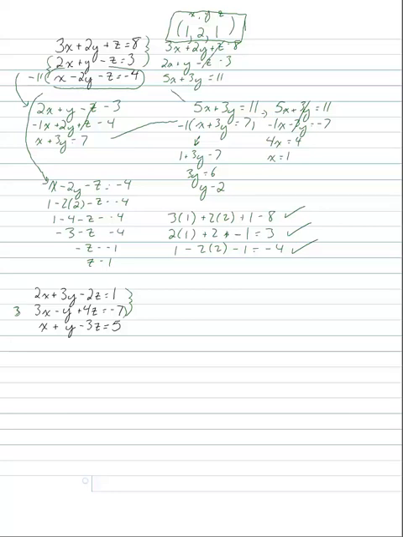So top equation, I'm just going to recopy 2x plus 3y minus 2z equals 1. 9x minus 3y plus 12z equals negative 21. Check, my y's will eliminate, so if I add, I'll get 11x plus 10z equals negative 20. Okay, so I got one equation with 2 variables, so that's good.